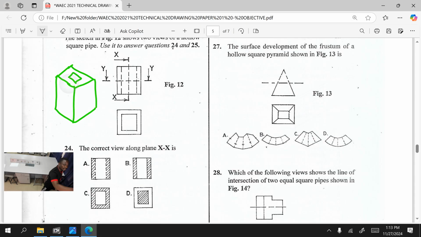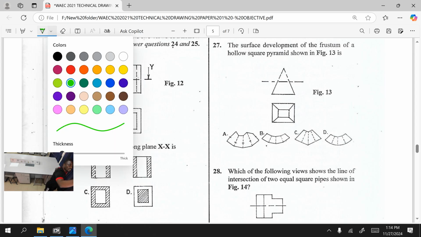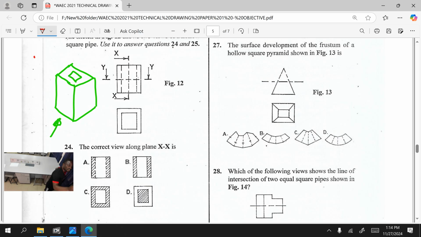So let me make this side the front elevation. If I cut it here, what do you think the view will look like? I cut it across here, cut it down here. Do you see it now? So the cutting will take place along that path. That is XS.